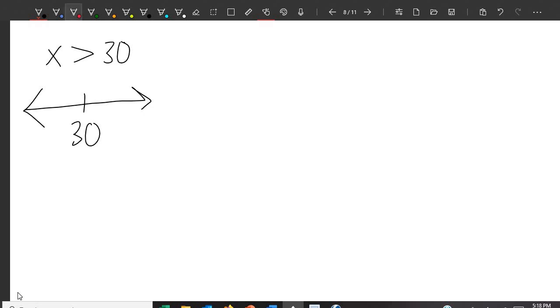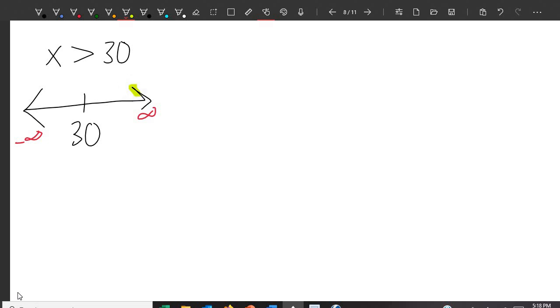Let's do a couple more. Let's say I have x is greater than, oh, I don't know, 30. Why not? So we'll mark off the 30. And notice I'm not putting 0 in the middle. You don't have to do that. Now, with the negative infinity symbol and the positive infinity symbol, and let's shade.